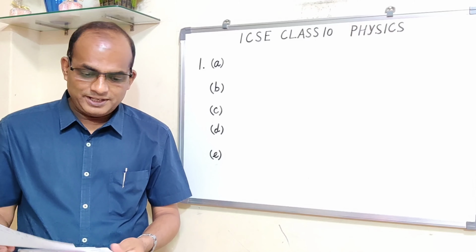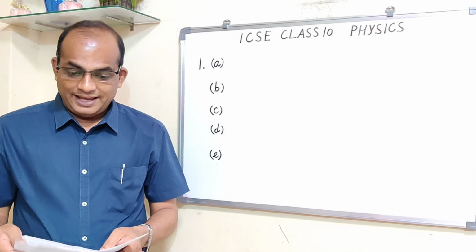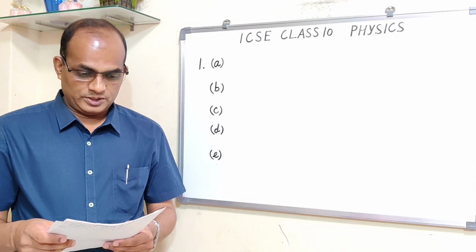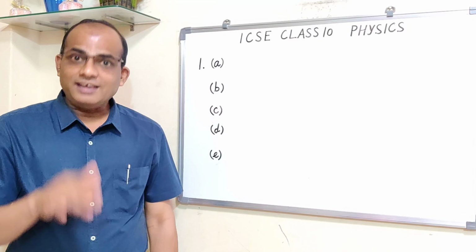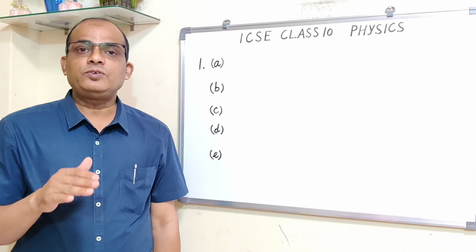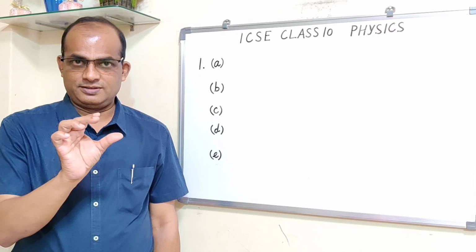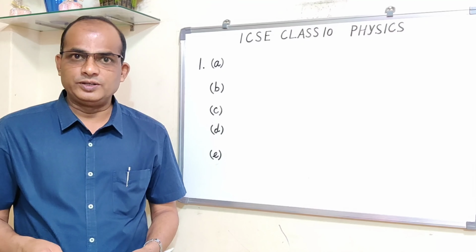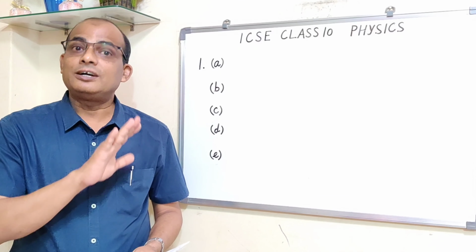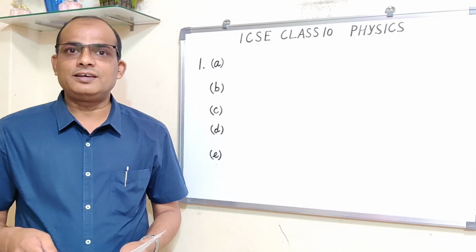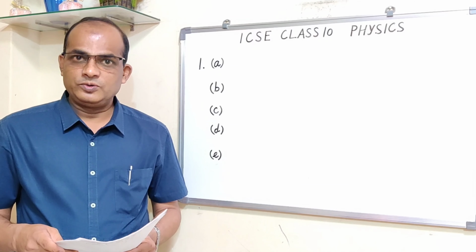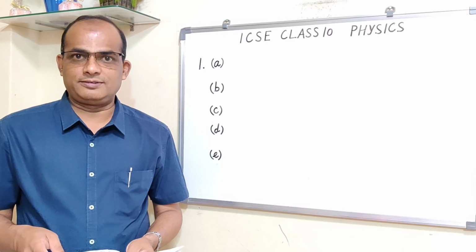For example, the complete answer is at a height h by 3 from the base of the hollow cone on its axis. So some of the students are missing this on its axis or on the axis of the hollow cone. So you should write down the complete answer, which is at a height h by 3 from the base on the axis of the hollow cone or on its axis.